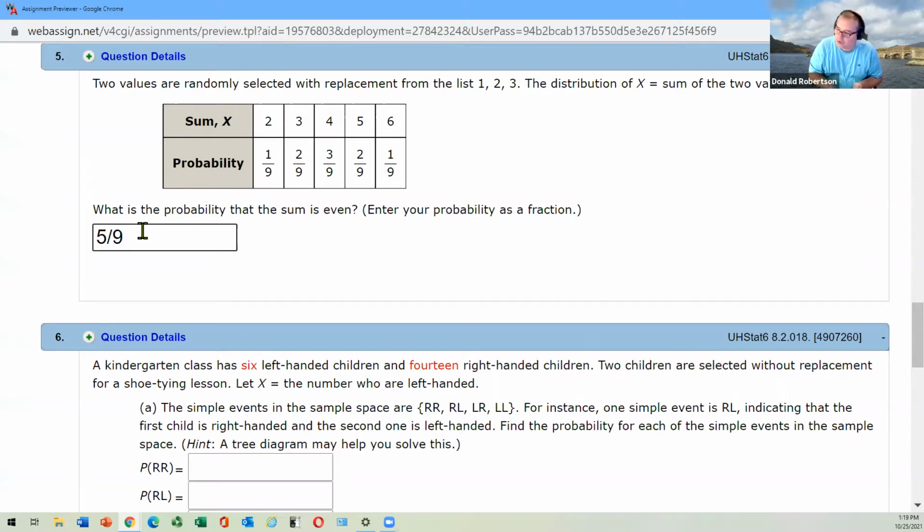So if you're interested in odd, add up all the things that are odd. If you're interested in it being even, add up the probabilities of even things happening. If you want to know the chances that it's 5 or bigger, wouldn't you just add these two? Because aren't they the two things that are 5 or bigger? So if you have a probability distribution table, can't you just basically add them all up any way you like?